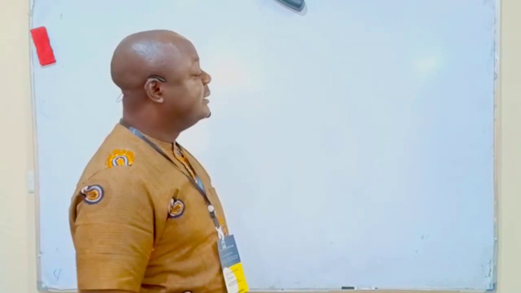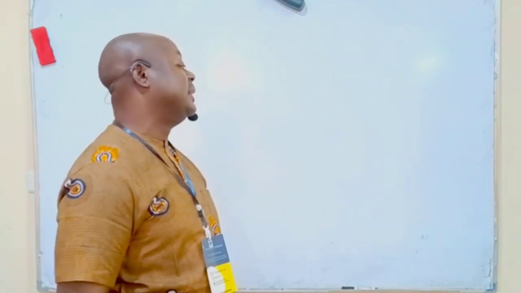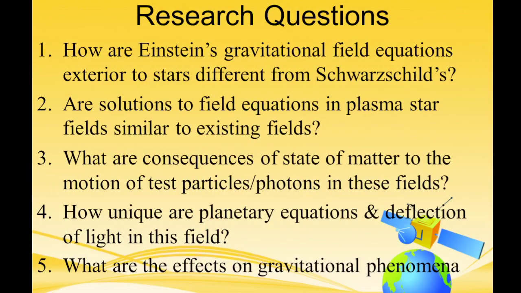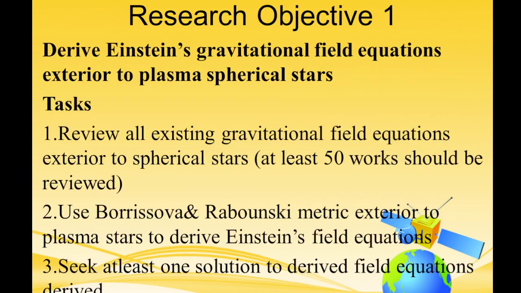And then the fourth question we'll ask ourselves is, how unique are the planetary equations and deflection of light in this field? And then what are the effects of the field on other gravitational phenomena? Okay, so these are some of the research questions we'll try to answer.